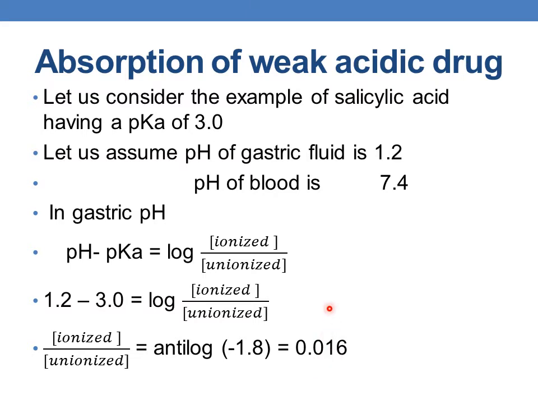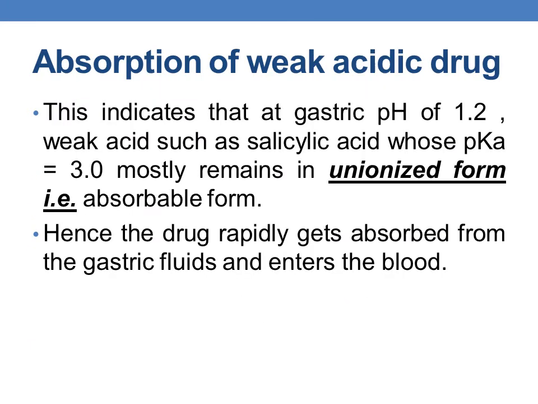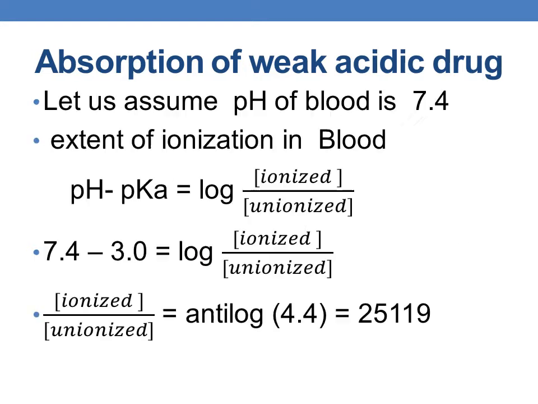So a very small amount of drug is in the ionized state at gastric pH. This indicates that at gastric pH 1.2, a weak acid such as salicylic acid, whose pKa is 3, mostly remains unionized. Hence, the drug is rapidly absorbed from the gastric fluid and it enters the blood.